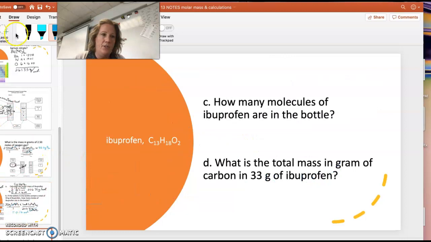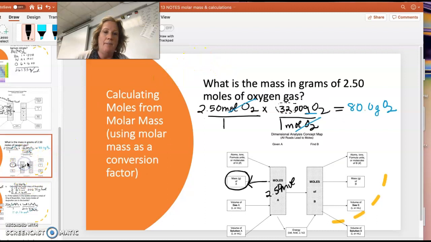Here's a continuation then of the question. Now they're asking me for how many molecules. I know some of you break your problems up into steps, and you can. I could just start with my mole, but I also want to show you that you can do it all in like a one-step problem. If I hadn't previously asked you for the moles, you could look at your mole map, and they want to know molecules.